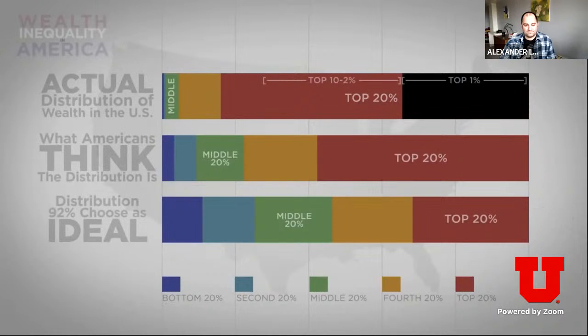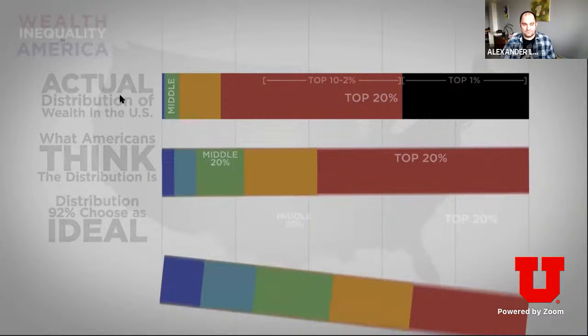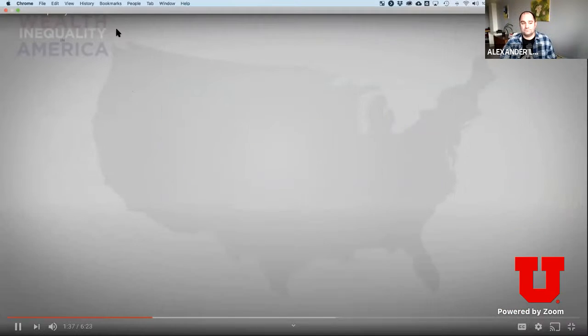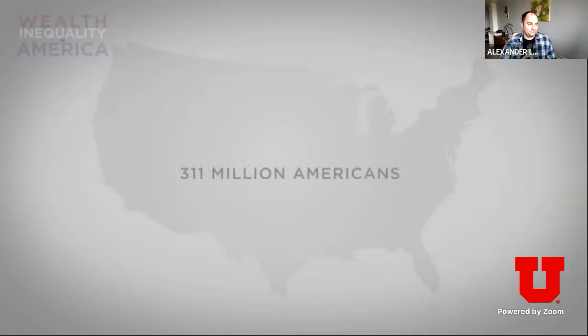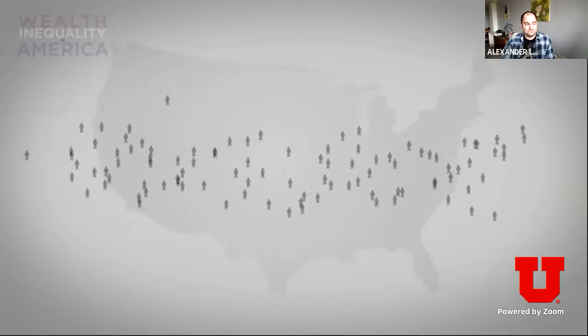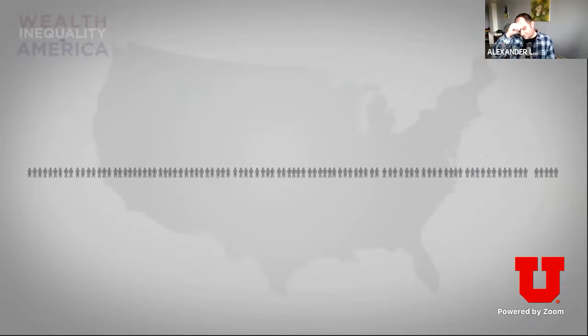Mind-blowing. But let's look at it another way, because I find this chart kind of difficult to wrap my head around. Instead, let's reduce the 311 million Americans to just a representative 100 people. Make it simple. Here they are: teachers, coaches, firefighters, construction workers, engineers, doctors, lawyers, some investment bankers, a CEO, maybe a celebrity or two.